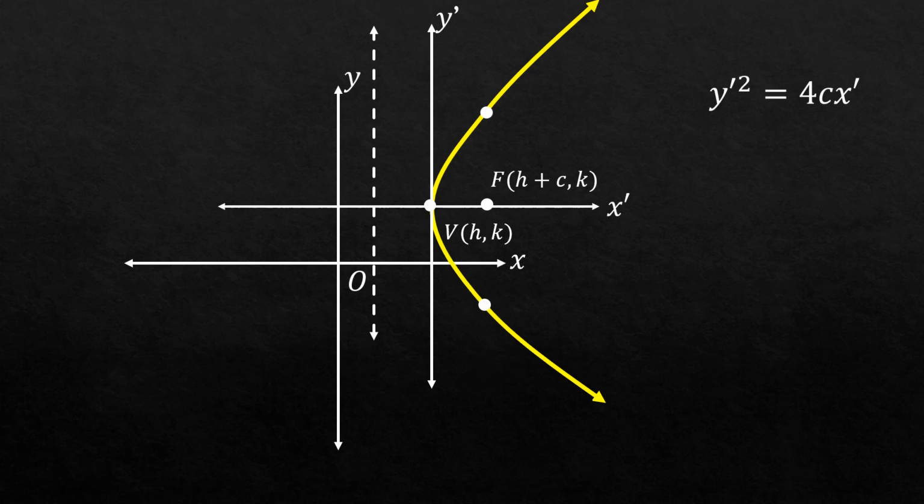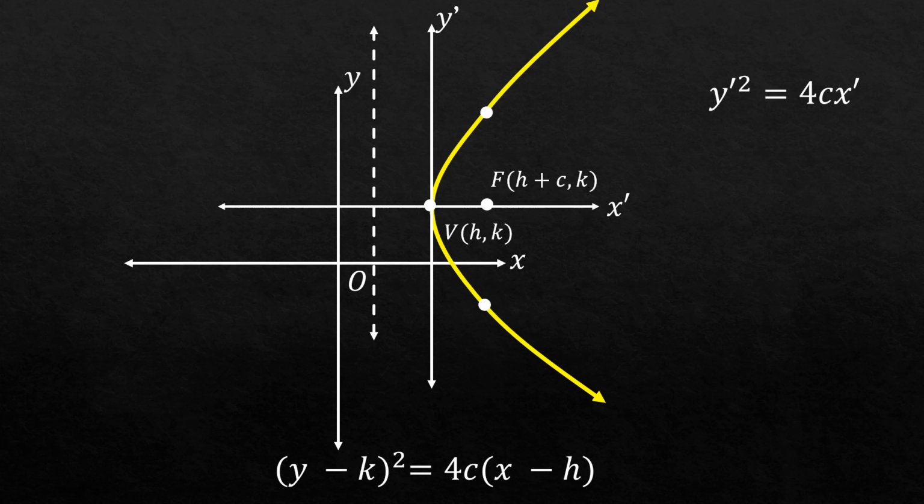Since the distance from the vertex to the focus is c, we have at once the equation y prime squared is equal to 4cx prime. To write the equation of the parabola with respect to the original axes, we apply the translation and thus obtain (y - k) squared is equal to 4c times (x - h).